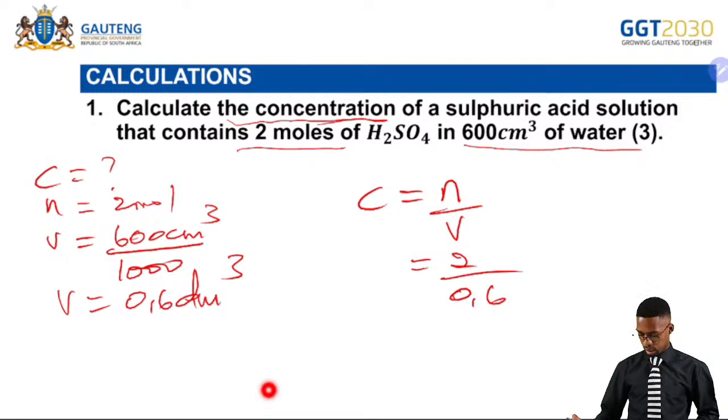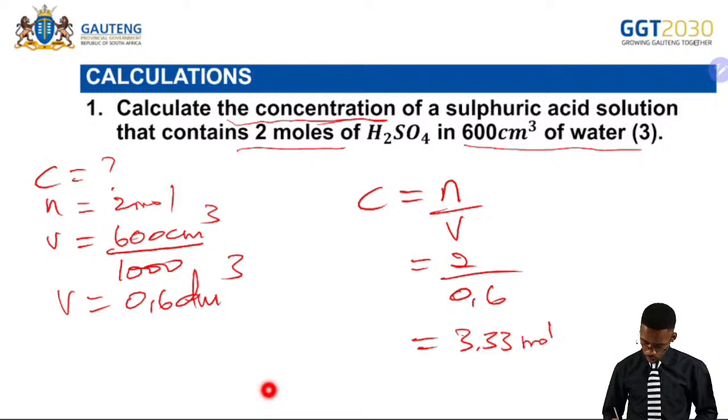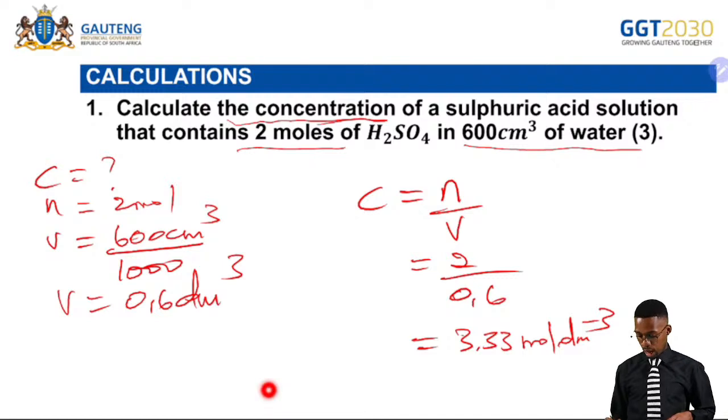So you're going to say 2 divided by 0.6, and then your answer would be 3.33 mole per decimeter cube. And you can see how we write the units to the power of -3. Let's move on.